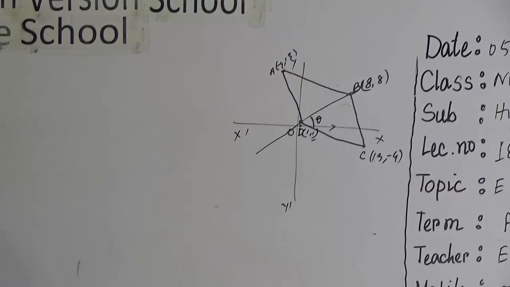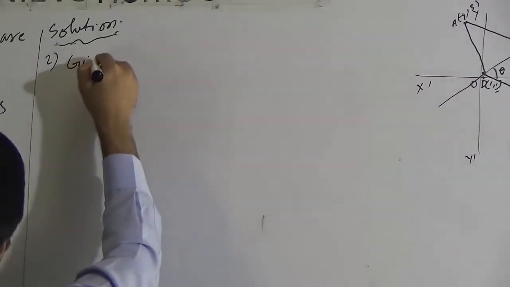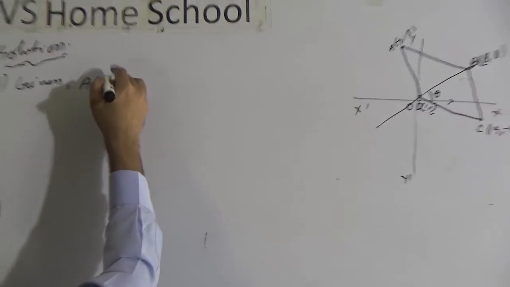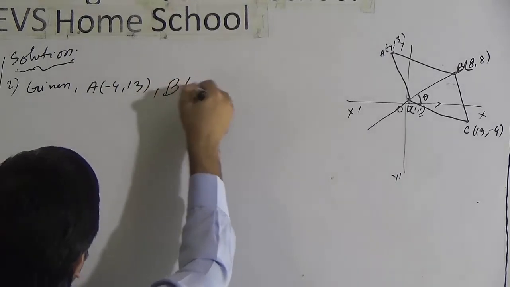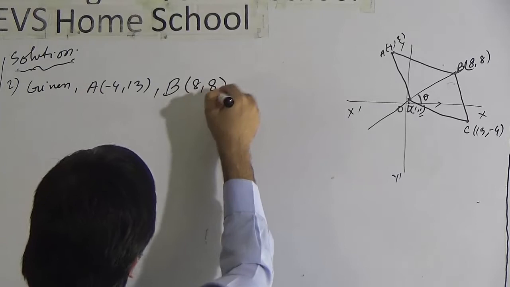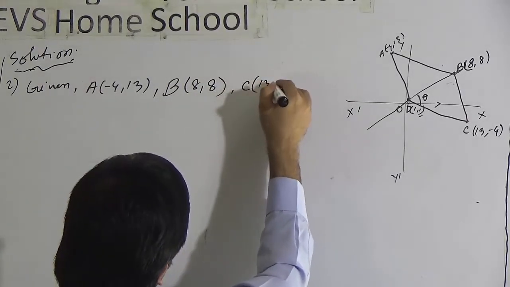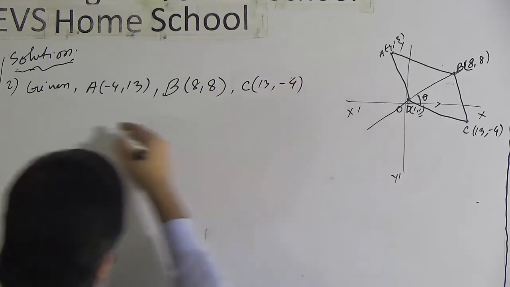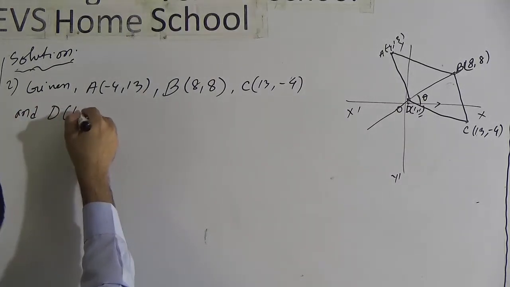So we can determine the length of these four sides of the quadrilateral. So what will be the length of AB? Given A is (-4, 13), point B is (8, 8), point C is (13, -4), and point D is (1, 1).